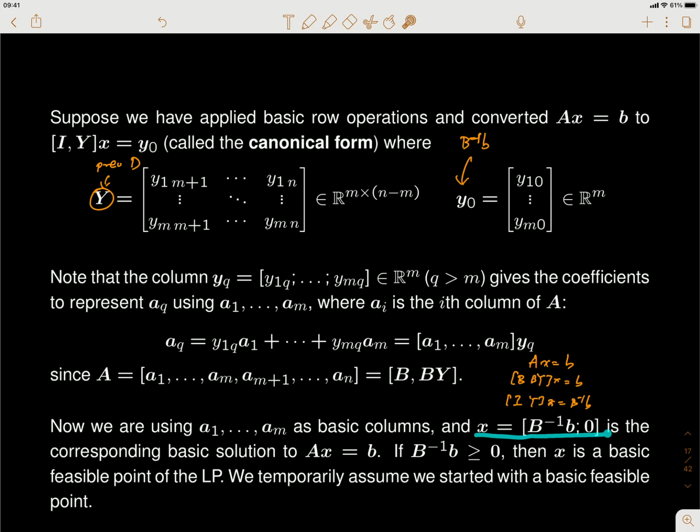On the other hand, we know that this is a basic solution because the n minus m components here are zeros, and we can have at most m non-zero components in x, so that's why x is also basic. So if B inverse times b is non-negative, then this x will be a basic feasible point of the linear program. All right, and that also means that we have already reached one of the vertices of the polyhedra described by the equality and inequality constraints.